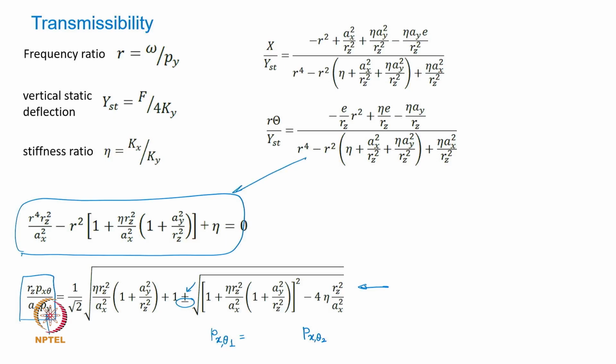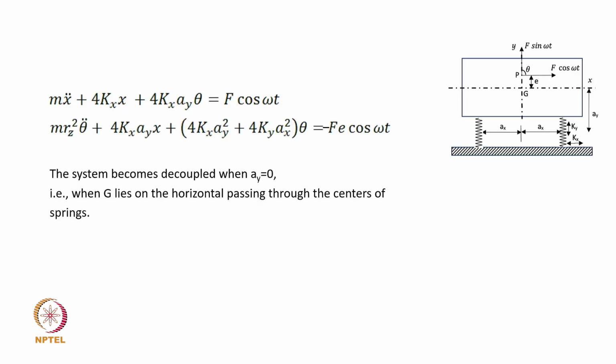So this is all algebra or simple mathematics, which I'm skipping here, so as to focus more on what we learn from these equations and the variation of it. So what we are going to do is plot those frequencies. Before we do that, it would be nice to comment on what parameter is important for decoupling.